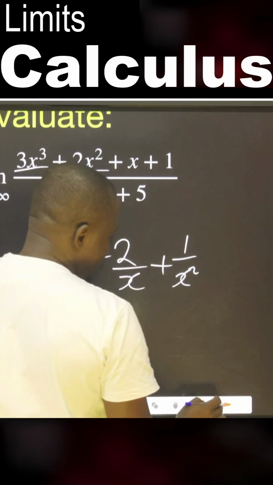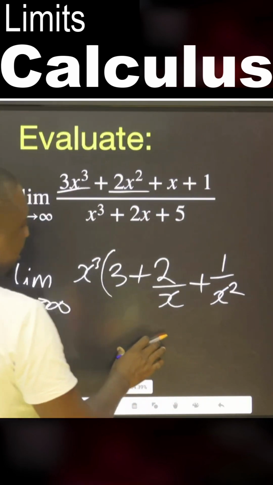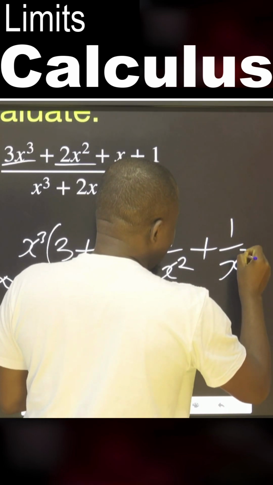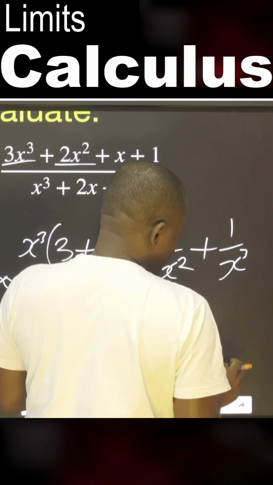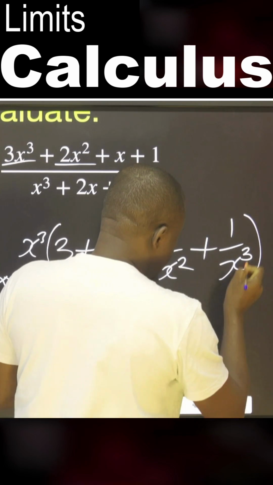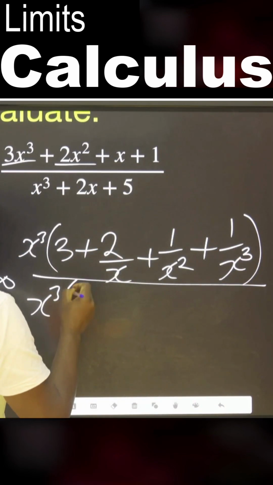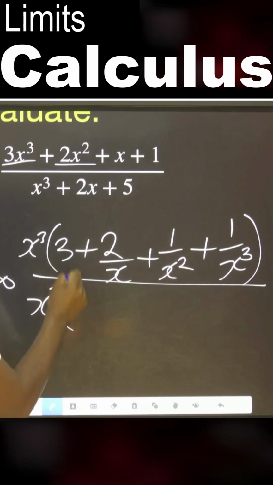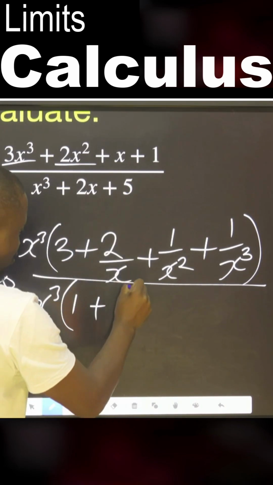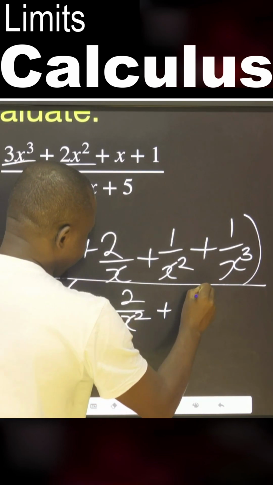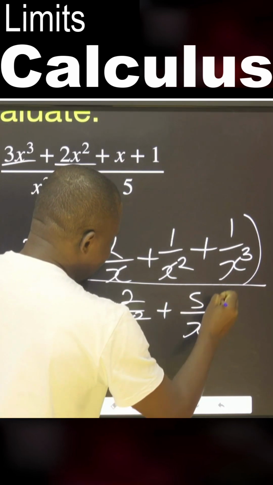Okay, let me do it where. Then for this last one is 1 over s raised to the power 3. Okay, all over. I will do the same thing here. This divided by this is 1. This is 2 over s squared plus 5 over s raised to the power 3.